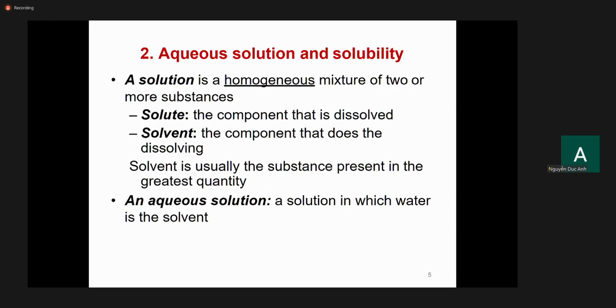Okay, so the second topic is related to aqueous solutions and solubility. This one is not especially focused on the aqueous solution, but let's first understand what a solution is, and the components of a solution. A solution is a homogeneous mixture of 2 or more substances.